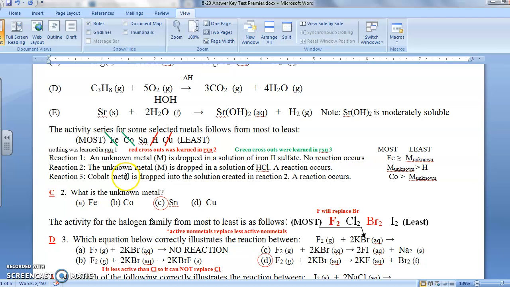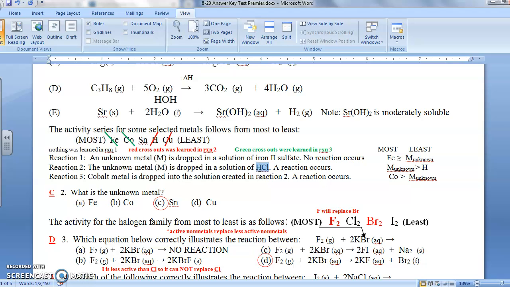In reaction 3, they drop a piece of cobalt metal in a solution created in reaction 2. Well, in reaction 2, what solution was created? We had hydrochloric acid floating around, but what happened is this metal replaces the hydrogen ions.